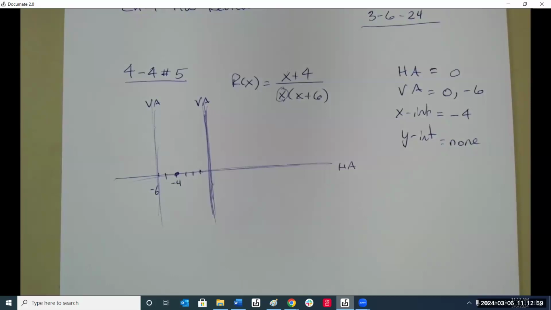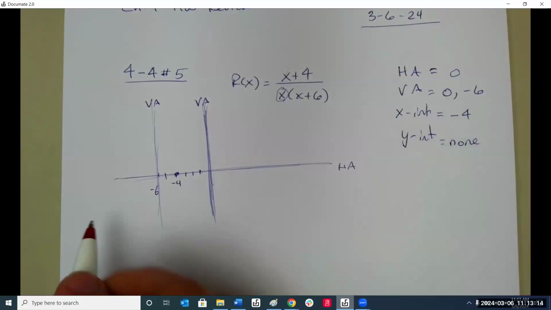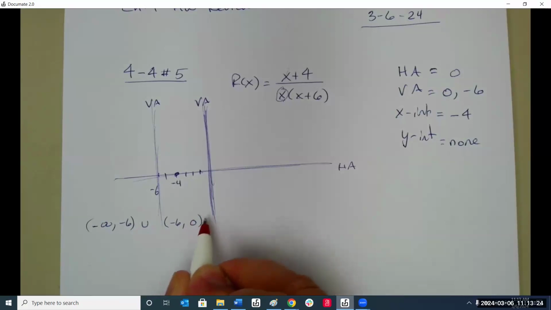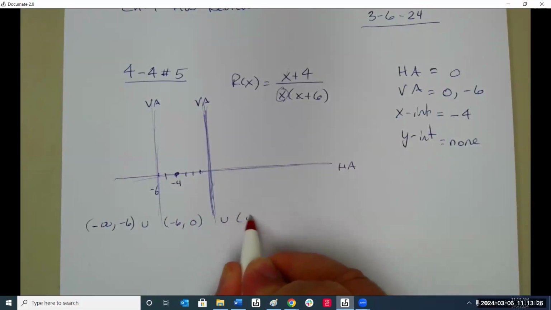So from this, you can tell me the domain. The domain deals with which x values. Good. -6. 0.